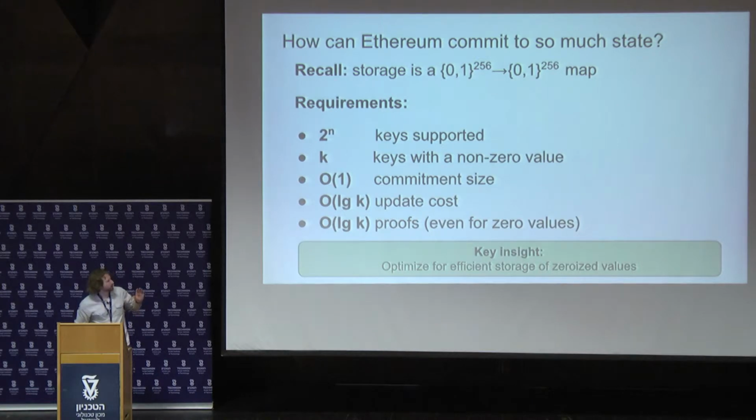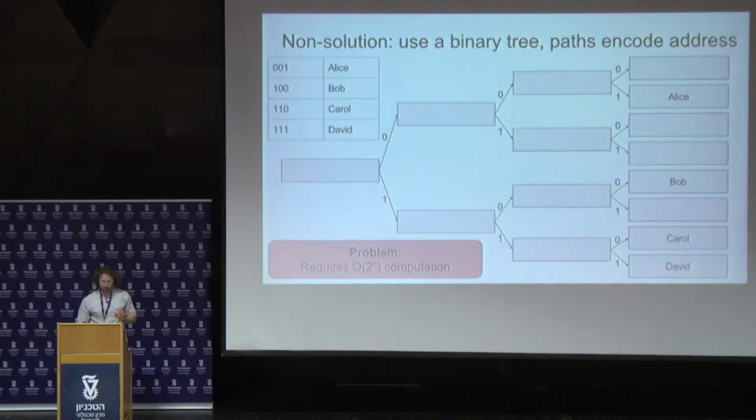So, as I said, it's basically a map from 256-bit values to 256-bit values. Not surprisingly, you use a tree to actually represent this. If you just used a simple Merkle tree, like Bitcoin uses to store transactions, this thing wouldn't work because there's 2 to the 256 words of memory.